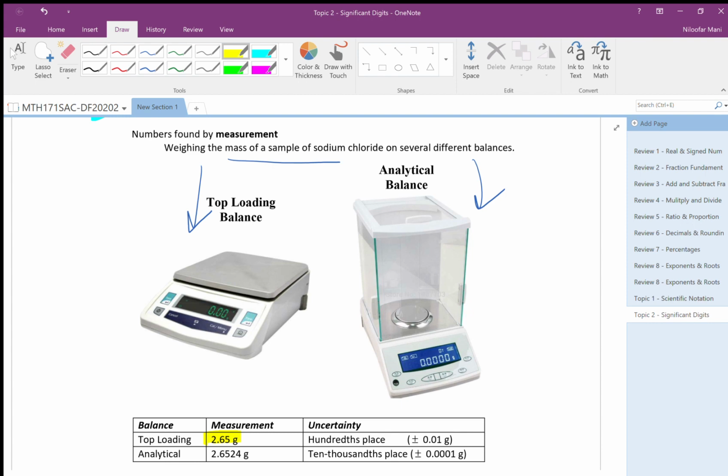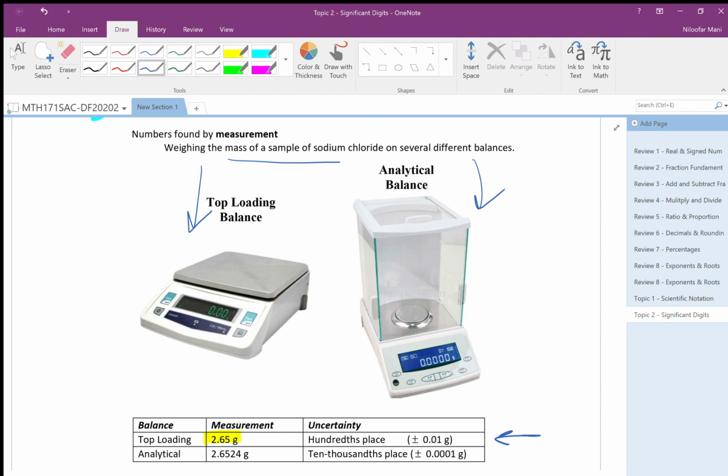When I measure mass, length, or volume, it depends on the device. Maybe the level of uncertainty for one device is just 2 digits after the decimal. So after 5, I'm not sure what the digit is, but it's just not shown, and the device is rounded to 2 decimal places.